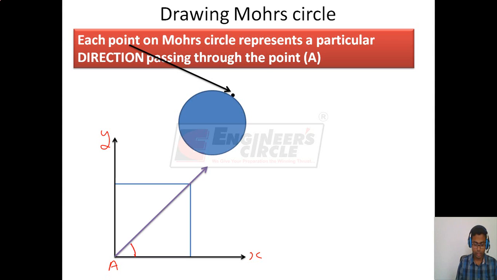That makes an angle theta with the horizontal axis, that is x axis. Theta is measured positive counterclockwise from horizontal axis.